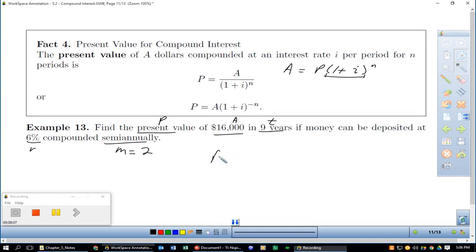So we want to find P. We're going to take A, 16,000, divided by 1 plus R over M, 0.06 divided by 2, to the 2 times 9. Make sure you're careful about your parentheses and what's on top and bottom of that fraction. But in the end, you should get $9,398.31.